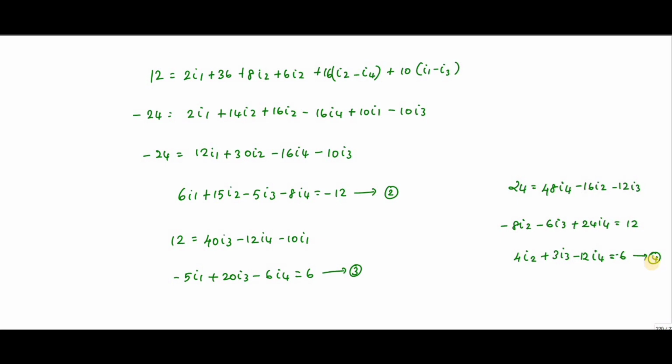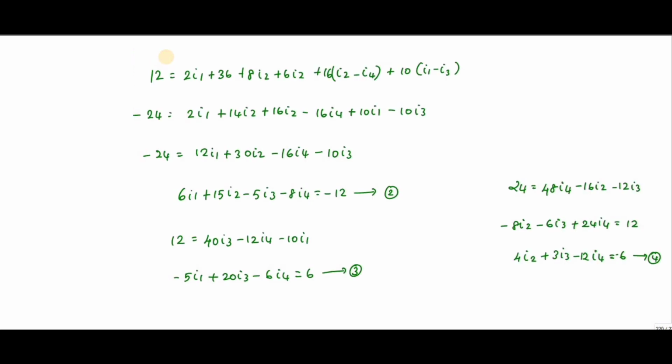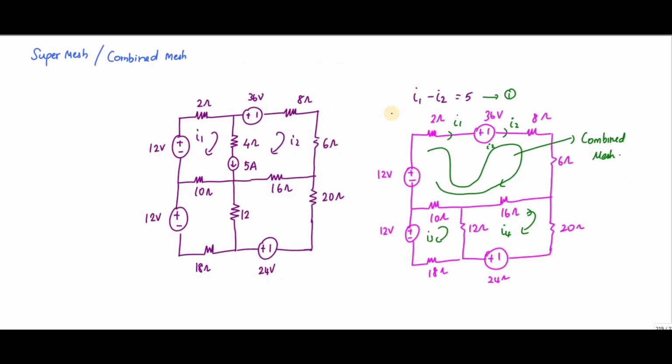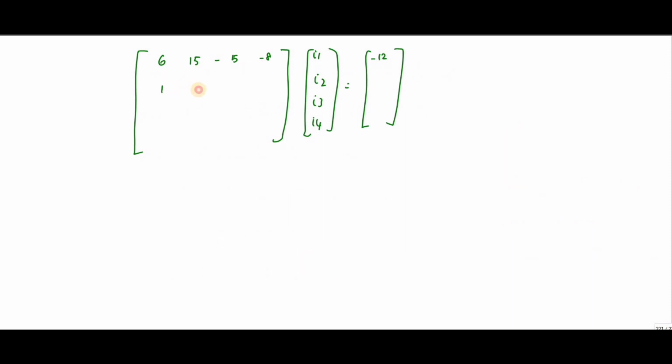Take the determinant, and if you solve the equations you will get the answer. I can write this as 6, 15, minus 5, minus 8 and minus 2. And here I can write I1 minus I2 is equal to 5.